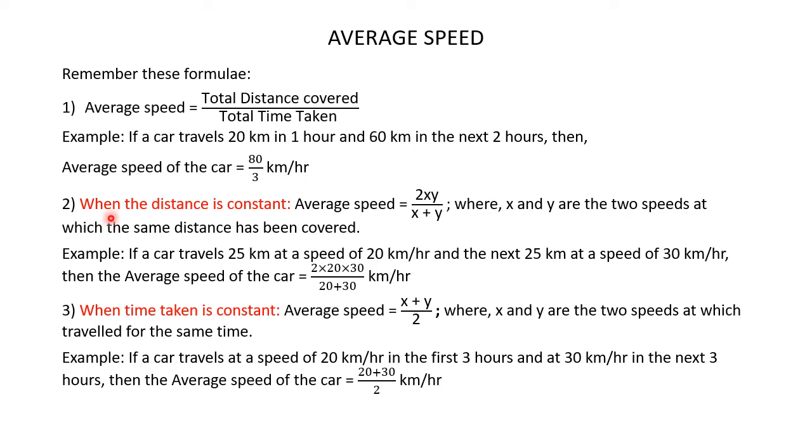When the distance is constant, then average speed is equal to 2xy divided by x plus y, where x and y are the two speeds at which the same distance has been covered. For example, if a car travels 25 kilometers at a speed of 20 kilometers per hour and the next 25 kilometers at a speed of 30 kilometers per hour, then the average speed of the car is equal to 2 multiplied by 20 multiplied by 30 divided by 20 plus 30 kilometers per hour.